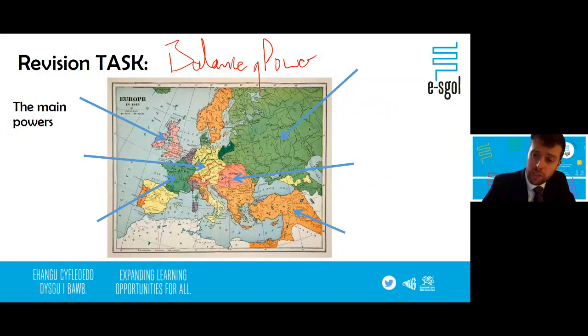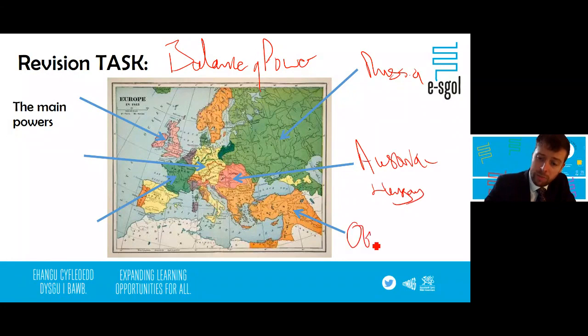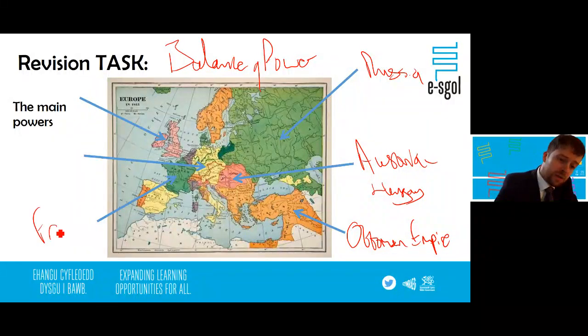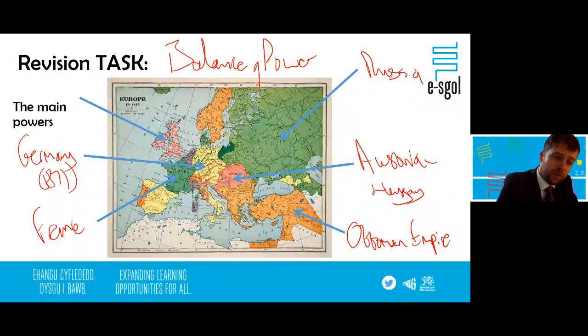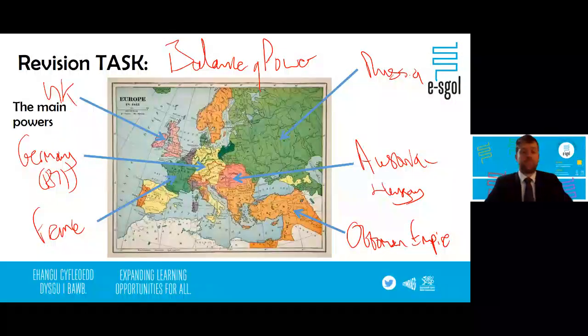So the main countries at this time were Russia, under the Tsar, Austria-Hungary, or Austro-Hungarian Empire, however you want to call it, under its emperor, the Ottoman Empire, France, Germany that'd been united under Otto von Bismarck in 1871, and of course the UK as well.